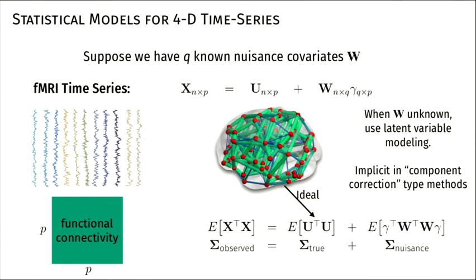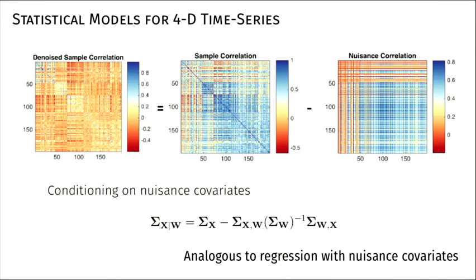You already do nuisance regression, but a different way of looking at this problem is to transform them into the correlation matrices or the covariance matrices from these variables. You can think of the observed correlation matrix, which is the correlation matrix you would get if you were to just look at the uncorrected fMRI measurements. And you can decompose it as a function of the true BOLD correlation matrix and a nuisance correlation matrix. Here's the observed sample correlation matrix.